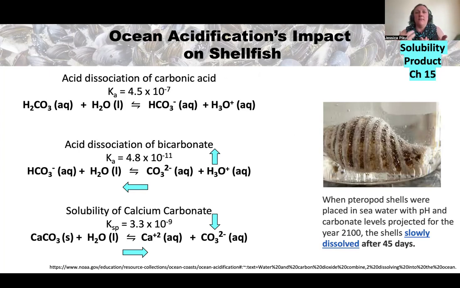And so the net effect of this is that as H3O plus concentrations increase with increasing carbonic acid, it means that our calcium carbonate solids are going to dissolve more.